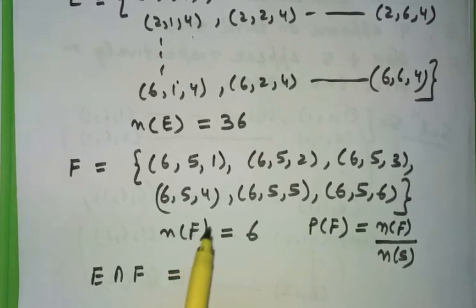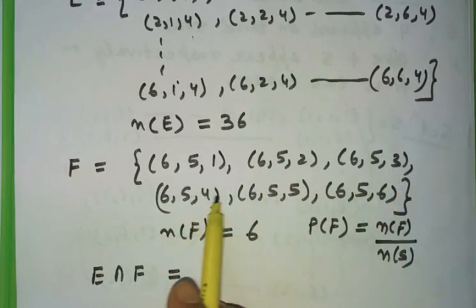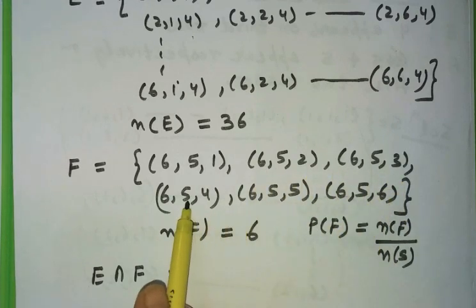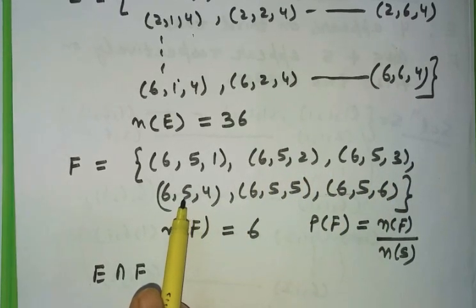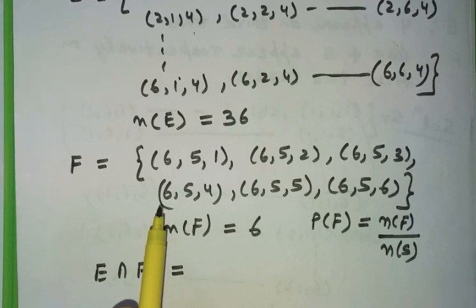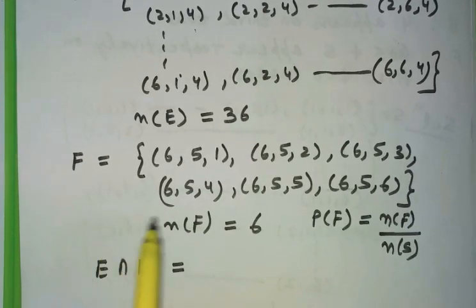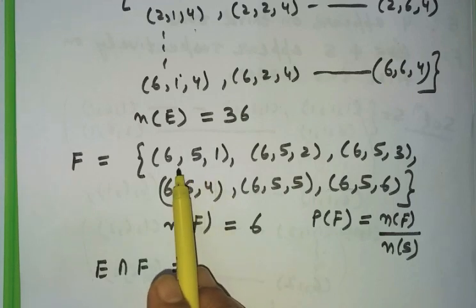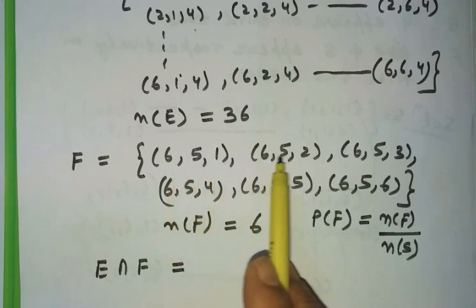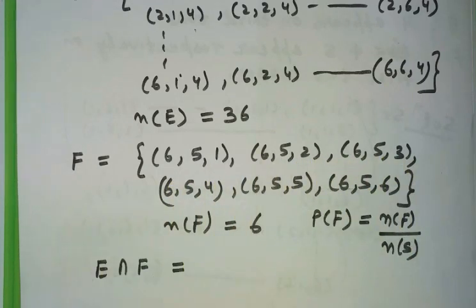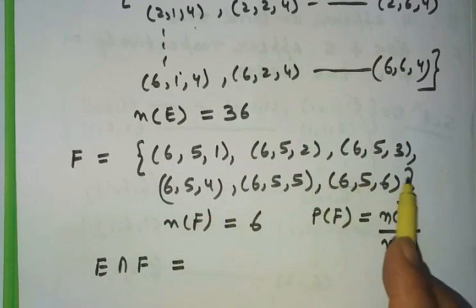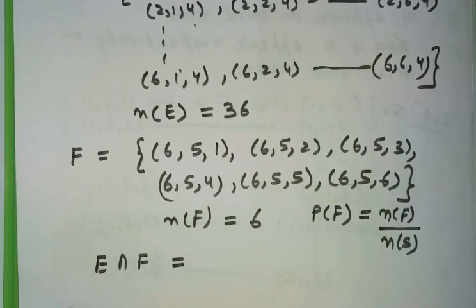Now you can see that all these 6 cases are also there in sample space, because sample space contains all the permutations and combinations of the 6 numbers 1 to 6, all the triplets. So these are also part of the sample space.